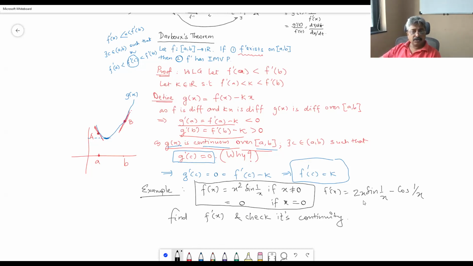Now this is going to be oscillating, and therefore if you observe the continuity of this function, it is not continuous at 0.